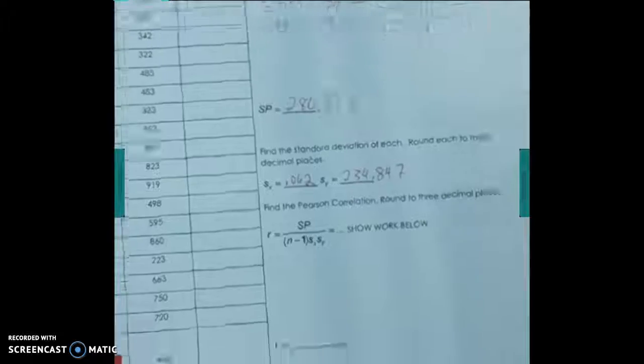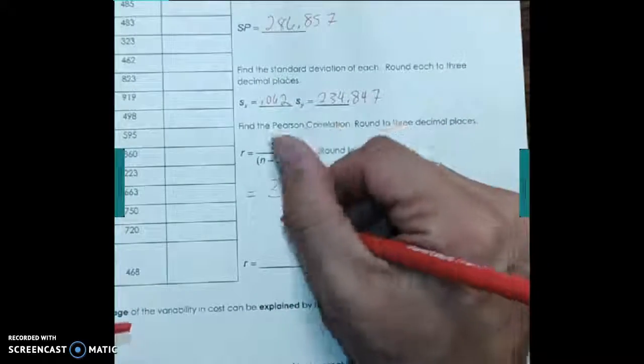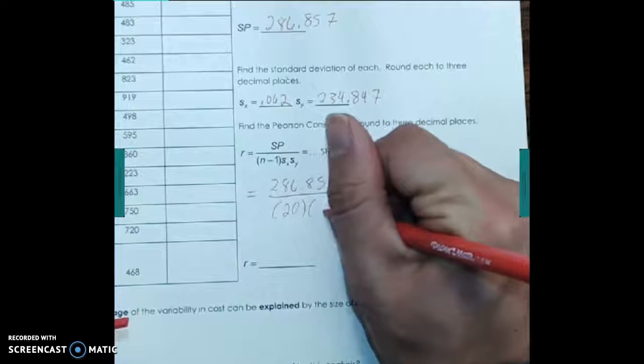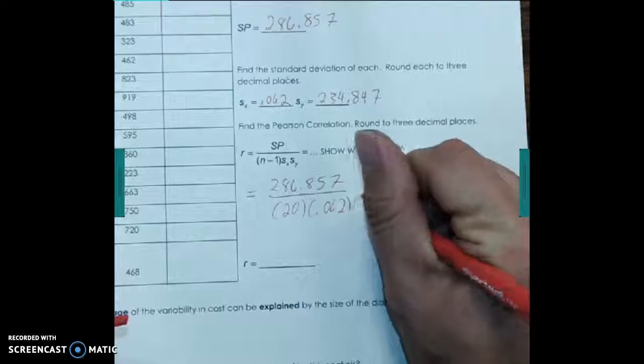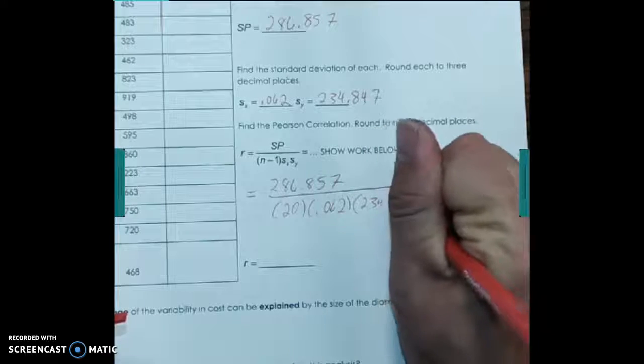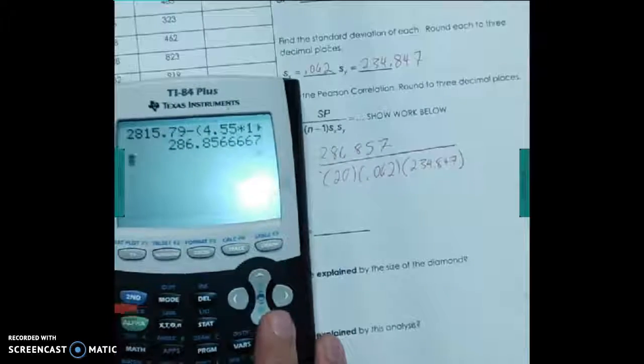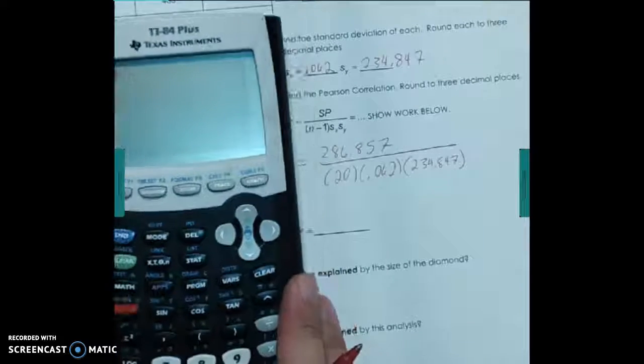And now I can use that to calculate the correlation, because the correlation coefficient R is 286.857 divided by n minus 1, which is 20, times the standard deviation of X, 0.062, times the standard deviation of Y, 234.847. When I type this all in, hopefully I get that correlation coefficient that I got on the calculator earlier.